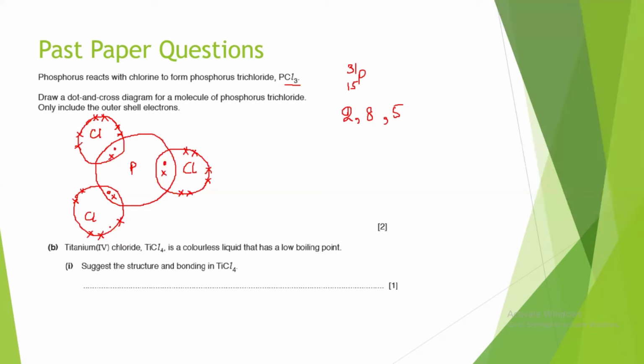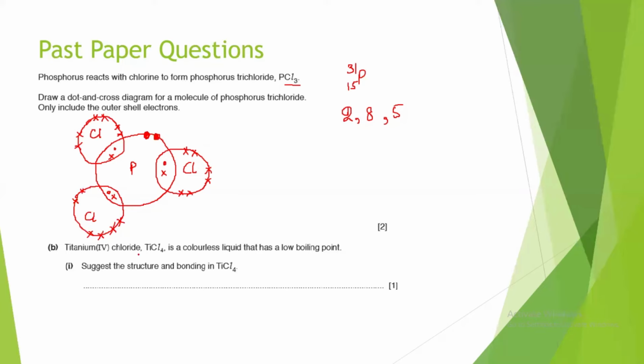Now the outermost shell of chlorine is completed and phosphorus is also completed, but there are 5 electrons, and 2 electrons would be present here as a lone pair on phosphorus. They have made 3 single covalent bonds with chlorine.